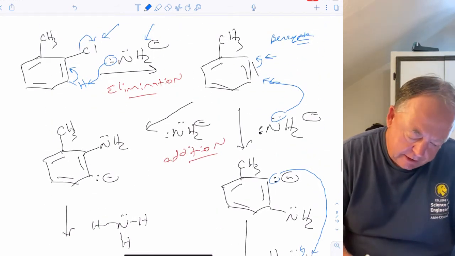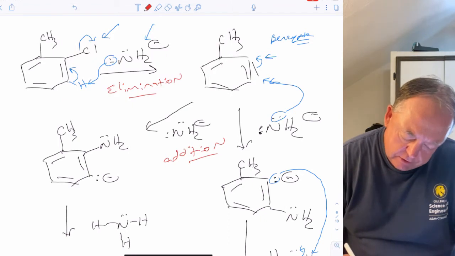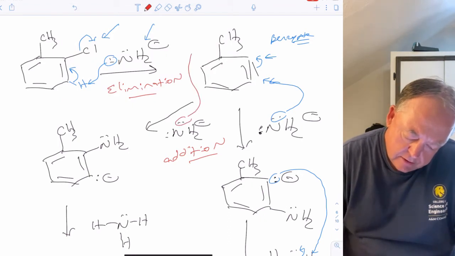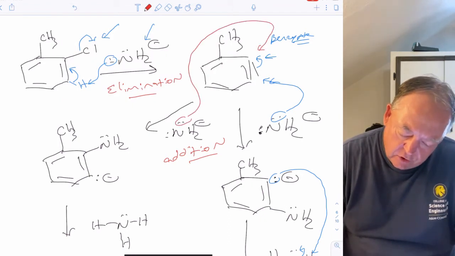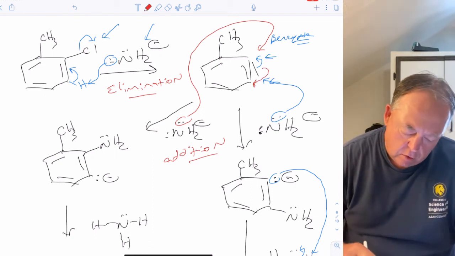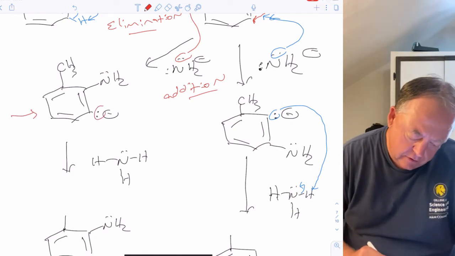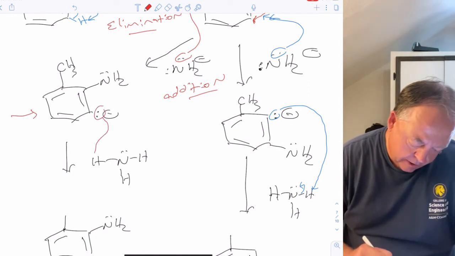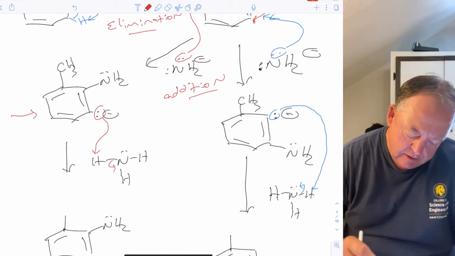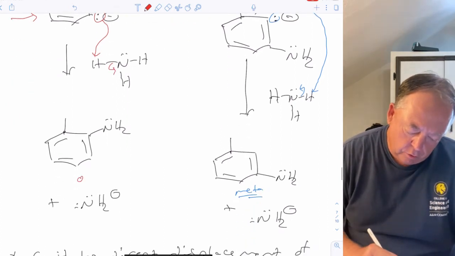Right, but the NH2 minus could have attacked the other carbon, so you could take a lone pair here and attack that carbon instead, and then these electrons would go there to make a lone pair to give you this, and then that carbon's lone pair picks up a hydrogen from ammonia, and you would have made the ortho product.